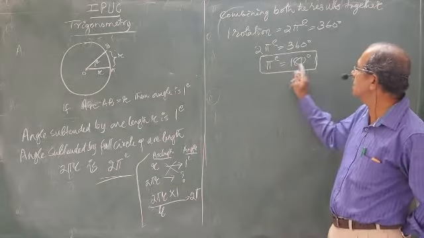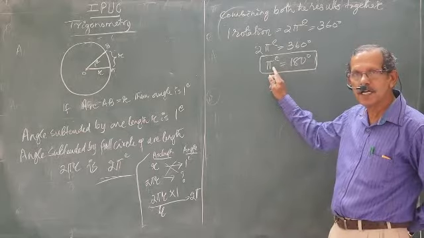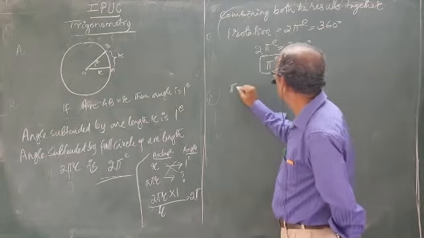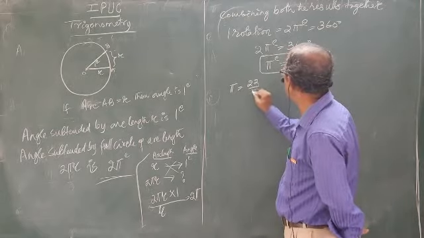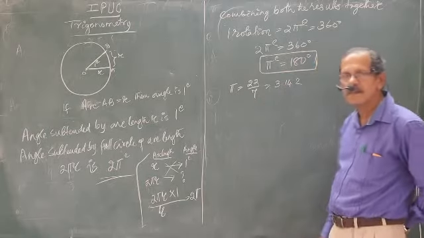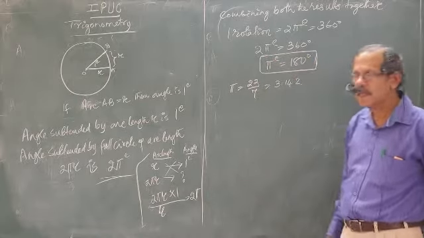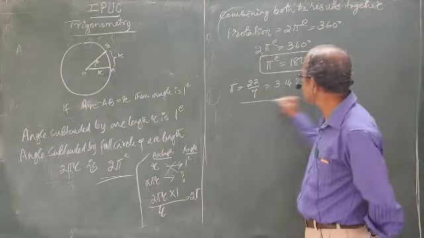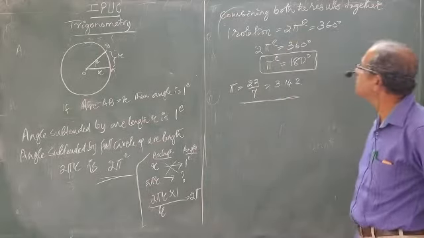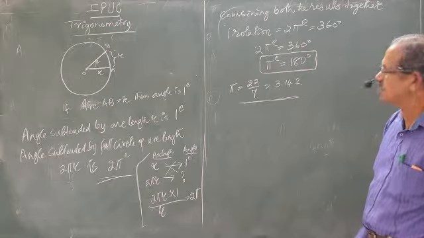This is the fundamental relation between radian and degree. Actually, the value of pi is 3.142. Remember that. Pi equals either 22 by 7 or 3.142. Combining both the results, you got this.